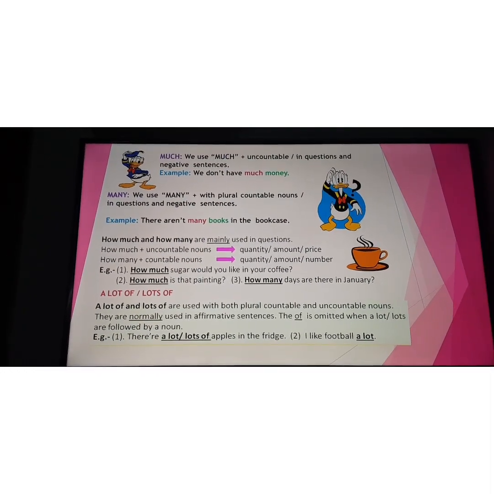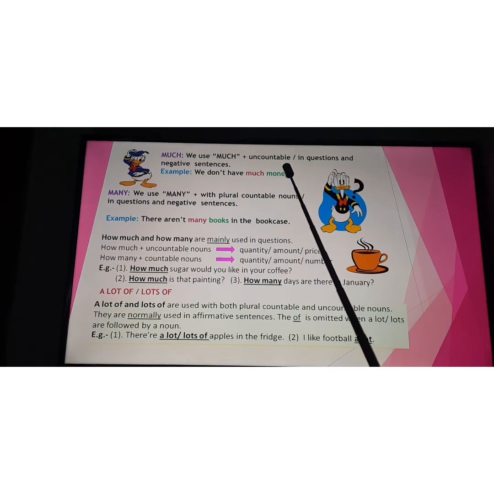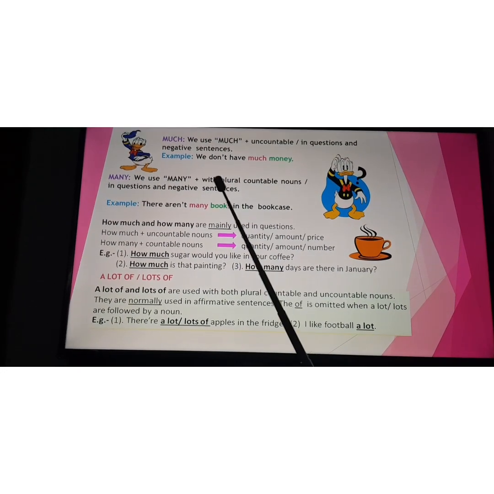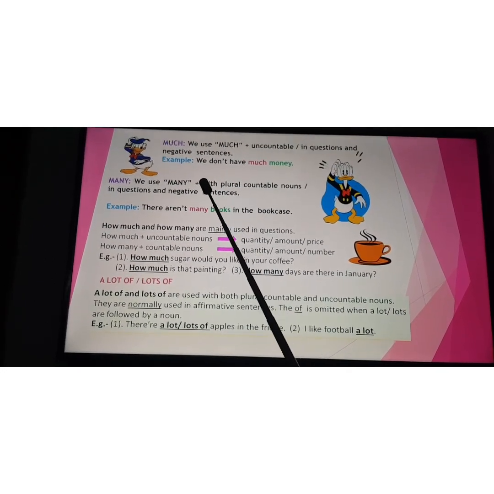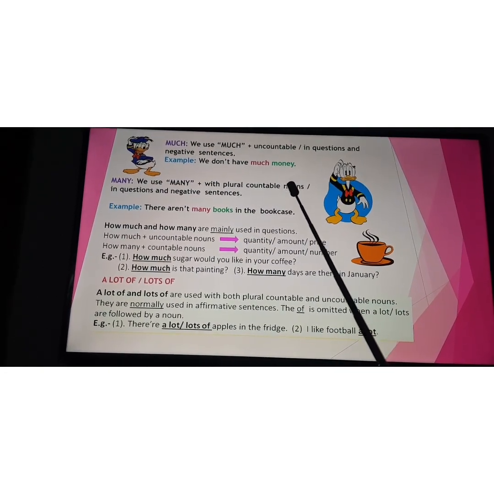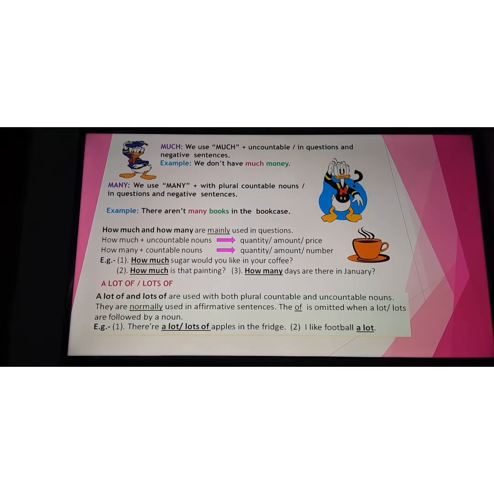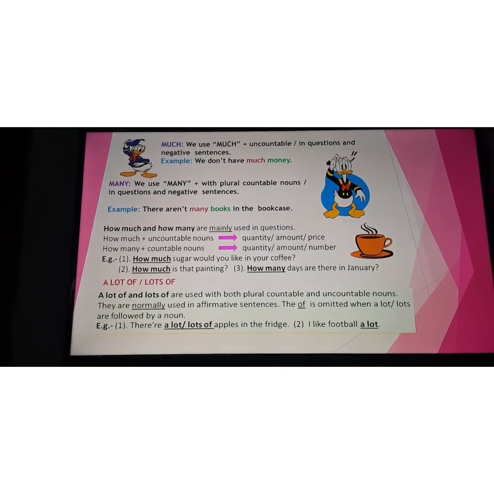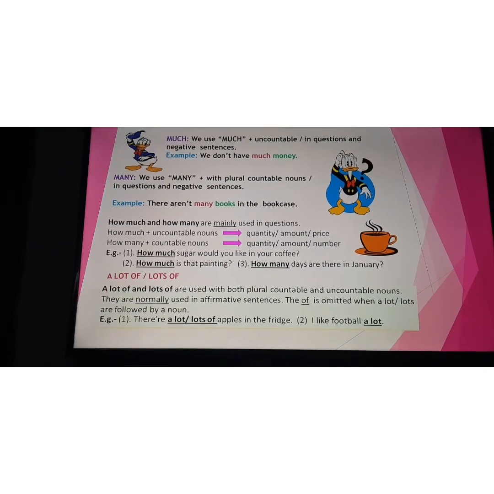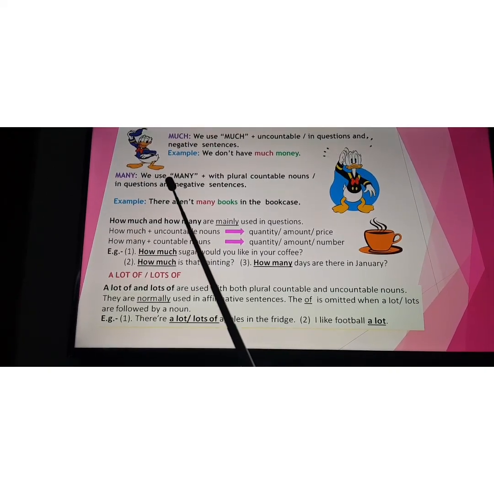Okay, now we continue with much. We use much for uncountable nouns in questions and negative sentences. Look at this example. We don't have much money. Money is an uncountable noun in English, but in Spanish it could be countable, but in English it is uncountable. Many is another quantifier word.